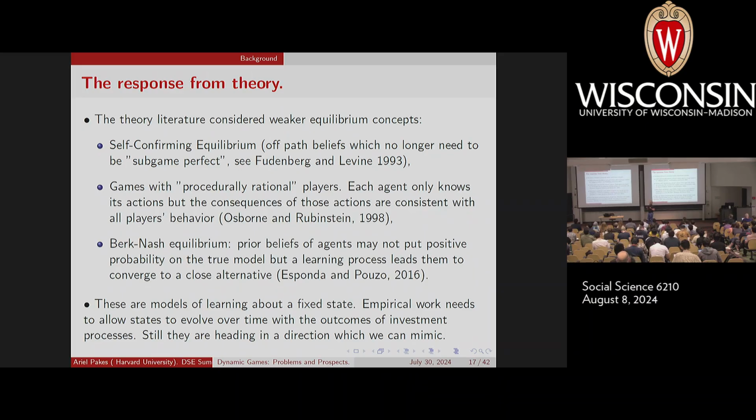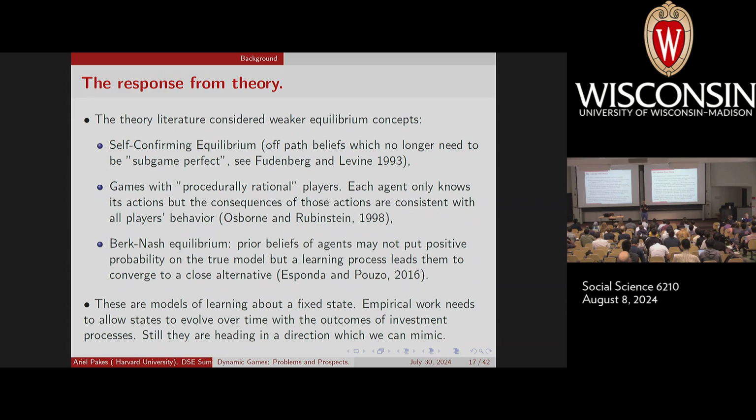The thing that's different about that, and why you couldn't use it directly for I/O, is they're all about learning about a fixed state. I'm here, I have my state, you're my competitors, you have your states. Those states don't change. I'm just learning about your behavior at that state. Is that clear?